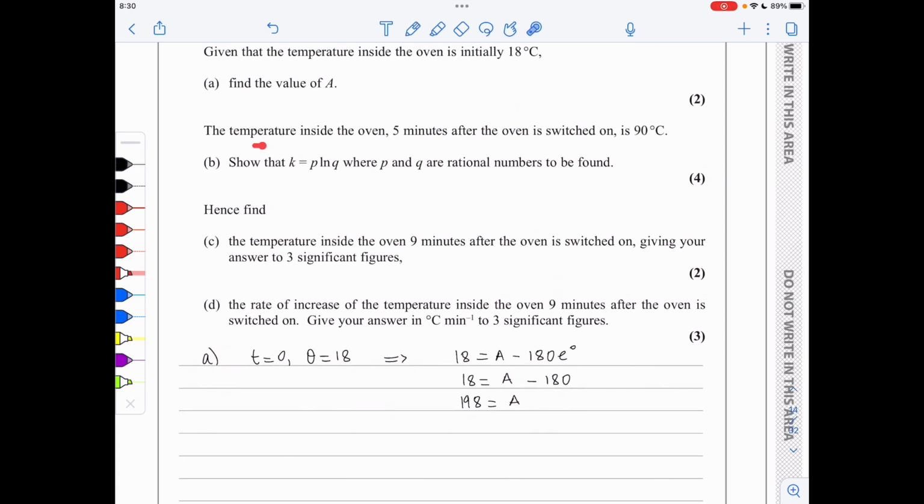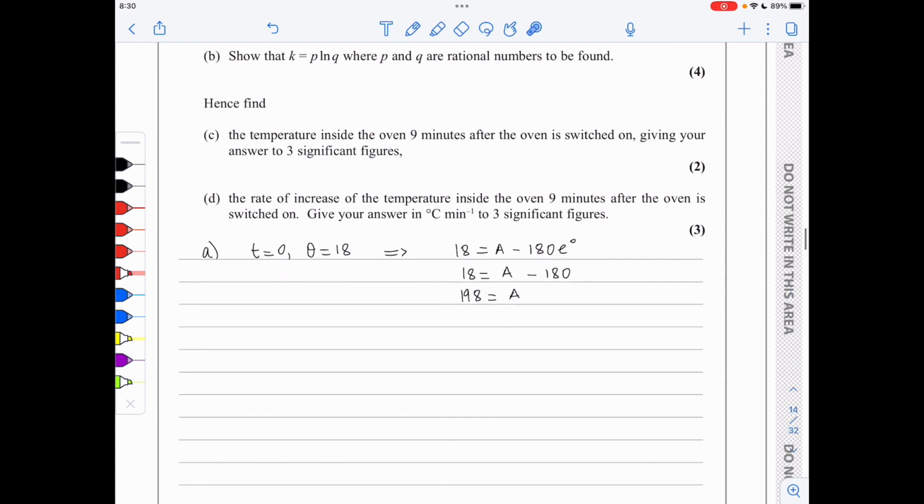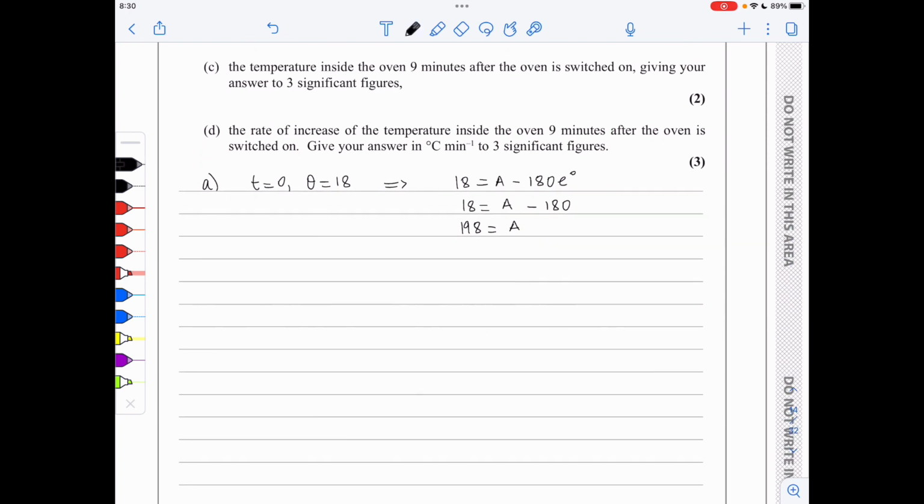Now the temperature inside the oven 5 minutes after is 90 degrees, and we need to find k in the form p ln q, where p and q are rational numbers to be found. So we have that when T is 5, theta is 90.